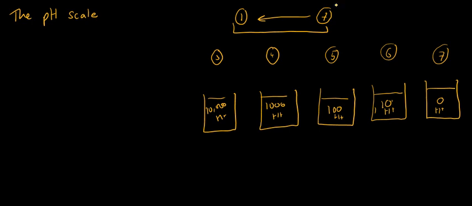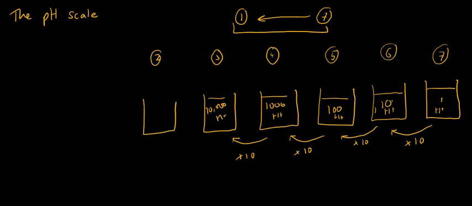So what's actually happening is we are increasing by times 10, by times 10 again, by times 10 again. If this just had 1 hydrogen ion, then that's going to make sense. That's times 10. As I carry on, a pH of 2 is going to have 100,000 hydrogen ions, and a pH of 1 is going to have 1,000,000 hydrogen ions.